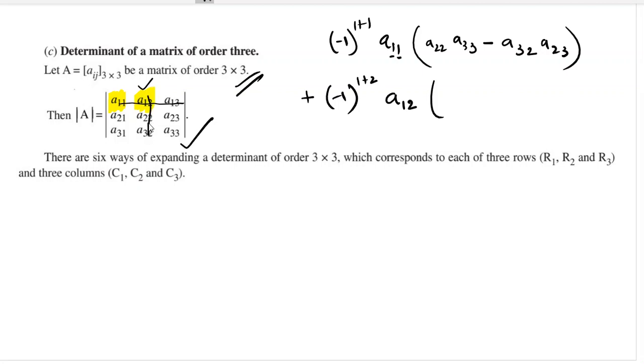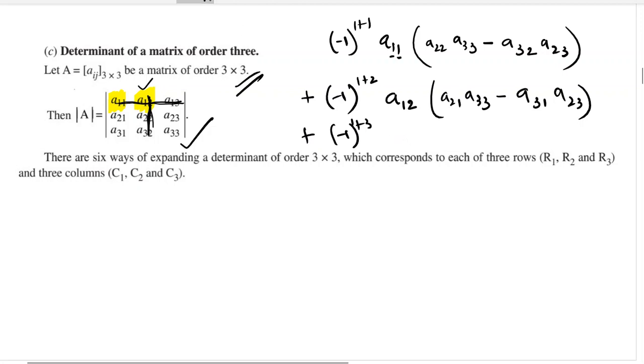So I'm going to delete this column and this row, and I'm going to take the product of the remaining elements and subtract them. So A21 A33 minus A31 A23, plus minus 1 raised to 1 plus 3.